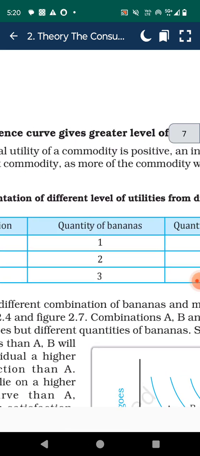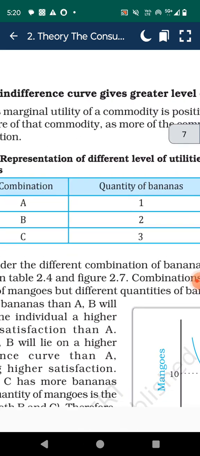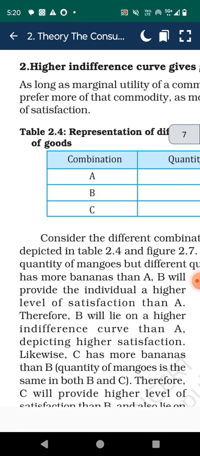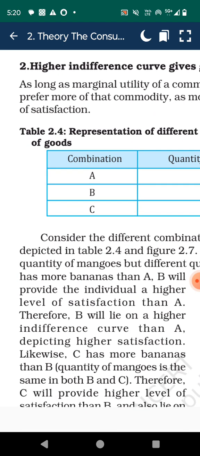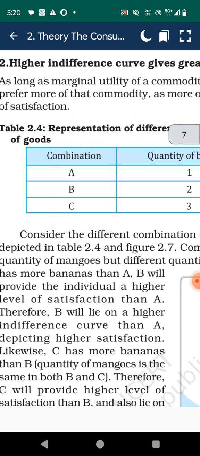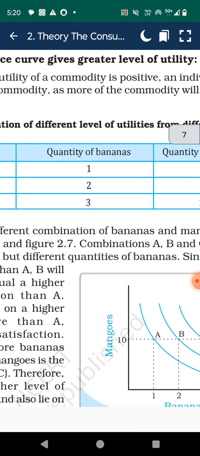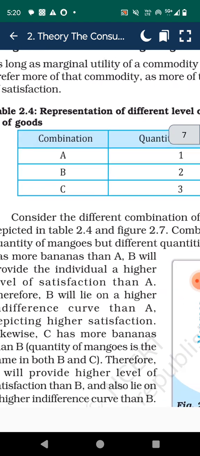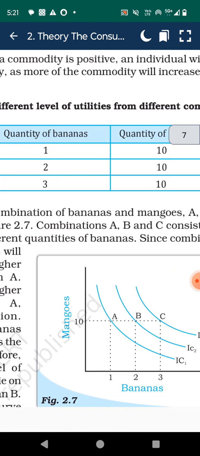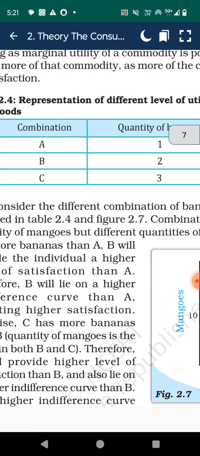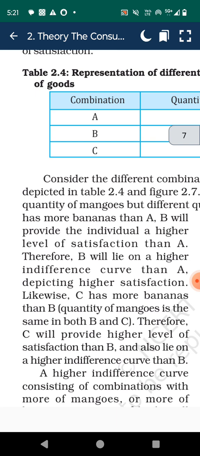Higher indifference curves give greater levels of utility. As long as the marginal utility of a commodity is positive, an individual will prefer more of that commodity, as more of the commodity will increase the level of satisfaction.